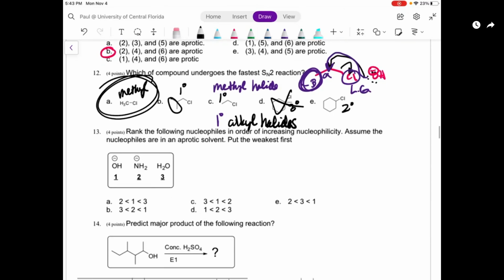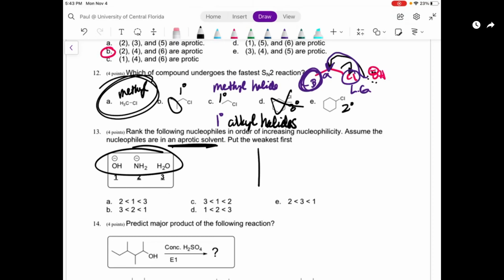Number 13, rank the following nucleophiles by increasing nucleophilicity. We're assuming, well, it's telling us that we're in aprotic solvents. So when we're using aprotic solvents, we can completely ignore that the solvent will interact with any meaningful significance with the nucleophiles. So we just look at these nucleophiles and look at their relative stabilities.